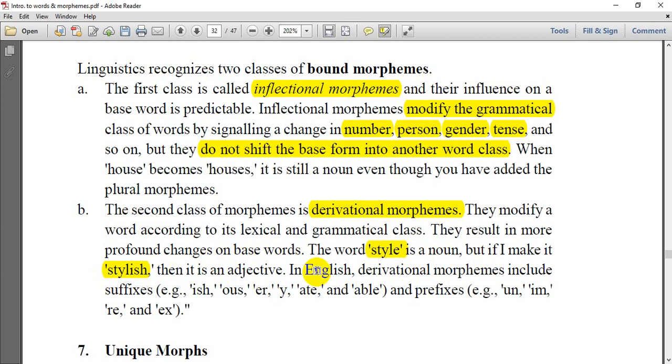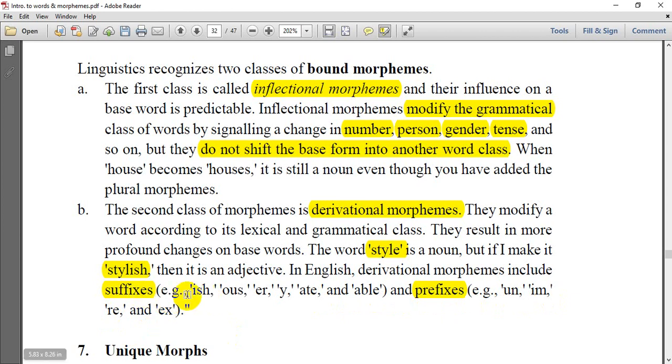In English, derivational morphemes include suffixes and prefixes. The suffixes are like -ish, -ous, -er, -y, -ly, -able. The prefixes are like un- in unhappy, im- in impossible, re-, ex-.